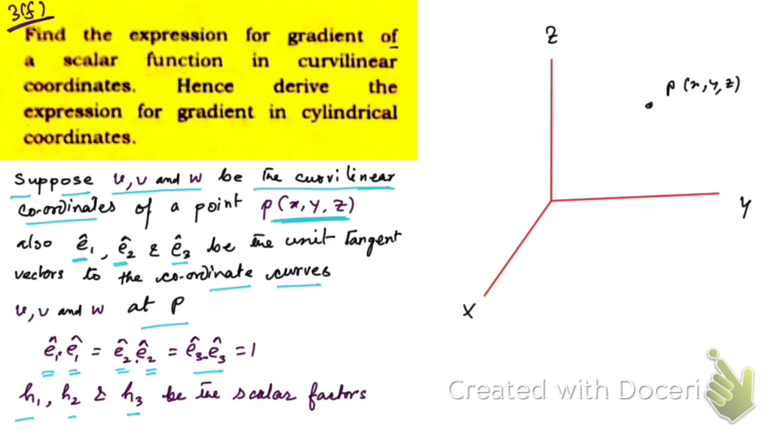This is one curve, suppose u. This is another curve, suppose v, and this is another curve, suppose w. And these curves can be written as functions of x, y, z. Hope you have understood this. So now you see this plane formed by these curves like this.